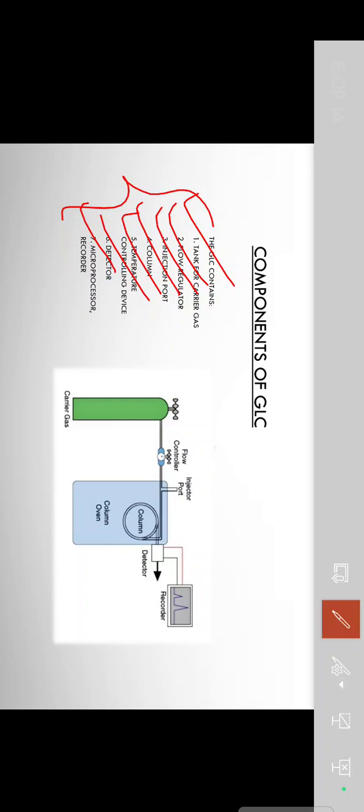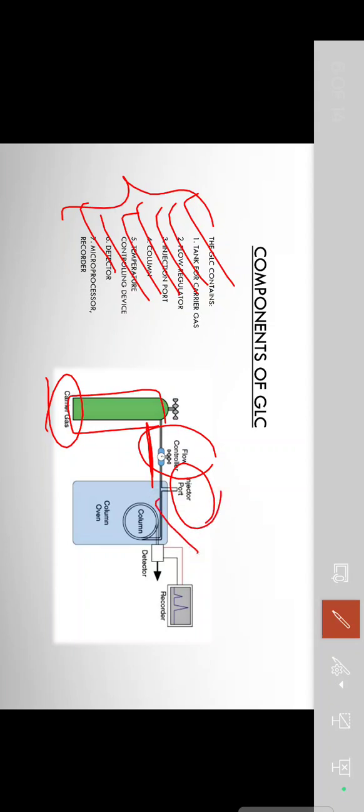So this is your gas tank, and in that gas tank there are carrier gases also, and this is the regulator, you can say flow controller, and this is the injector point or injector port, and this is the column, the column oven, and the detector. In the system there is also a temperature controlling device.